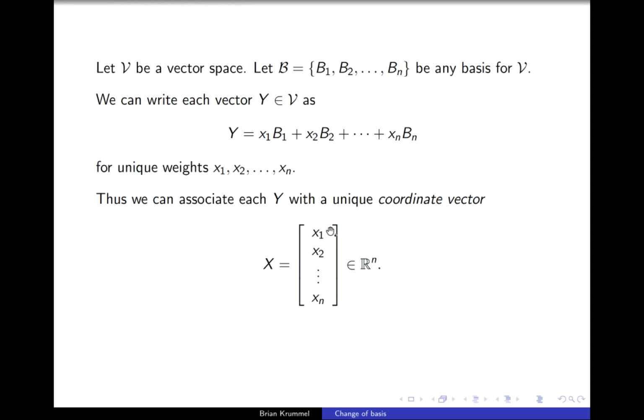So that's the coordinates x1, x2, x3, etc. So it corresponds to adding the entries of the coordinate vector in Rn. So vectors in V look like vectors in Rn. Additionally, note that since V has a basis with n vectors, as it turns out, any n-dimensional vector space V looks like Rn.